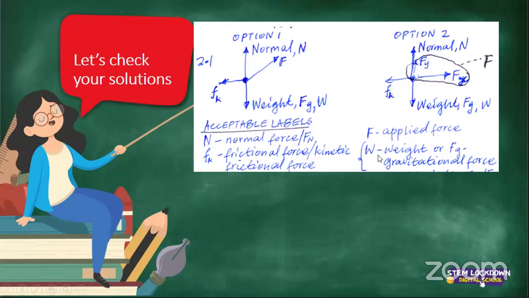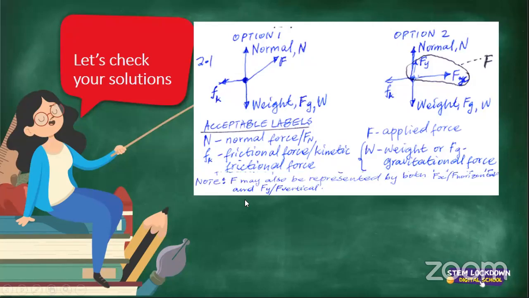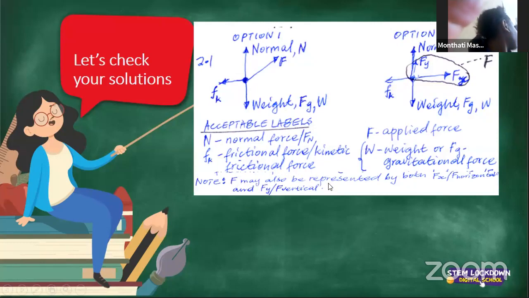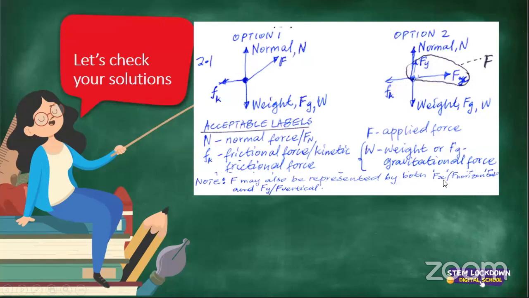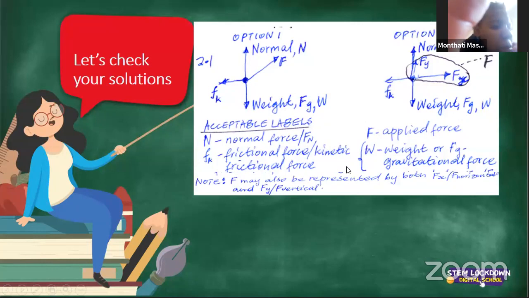The weight you can represent as W or write it in full weight or Fg or gravitational force. And I also mentioned that the force F may be represented by both Fx, the horizontal component, and the vertical component.